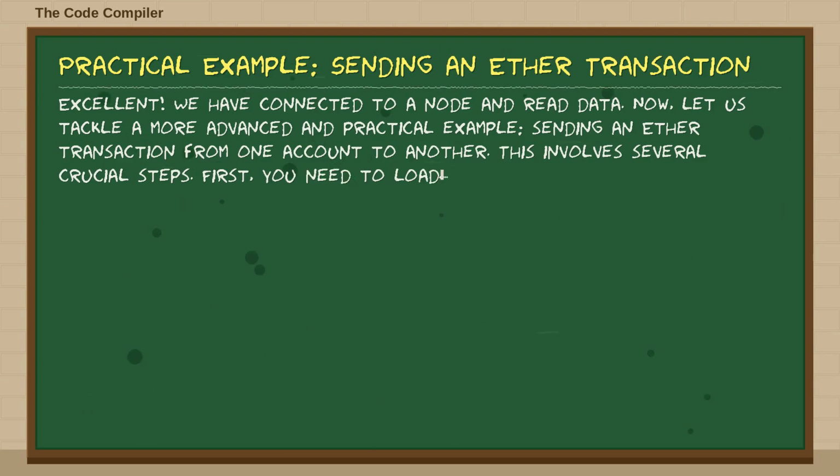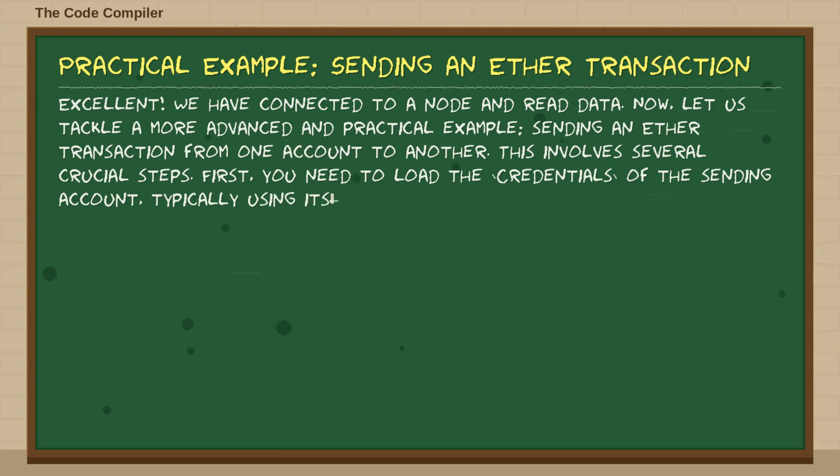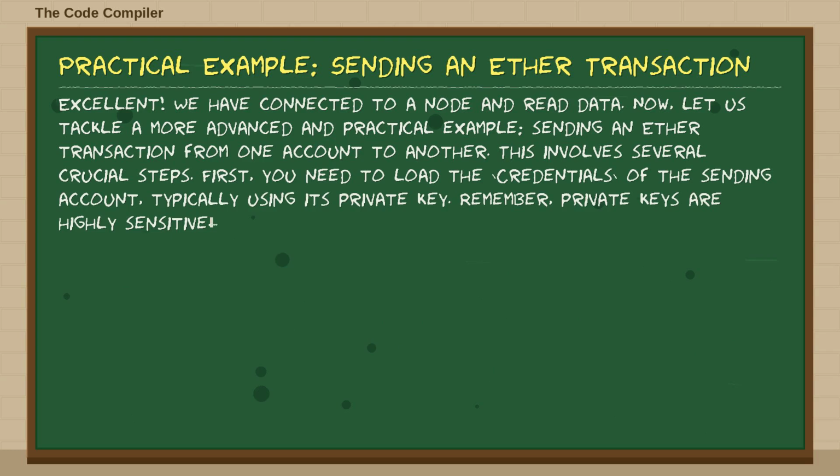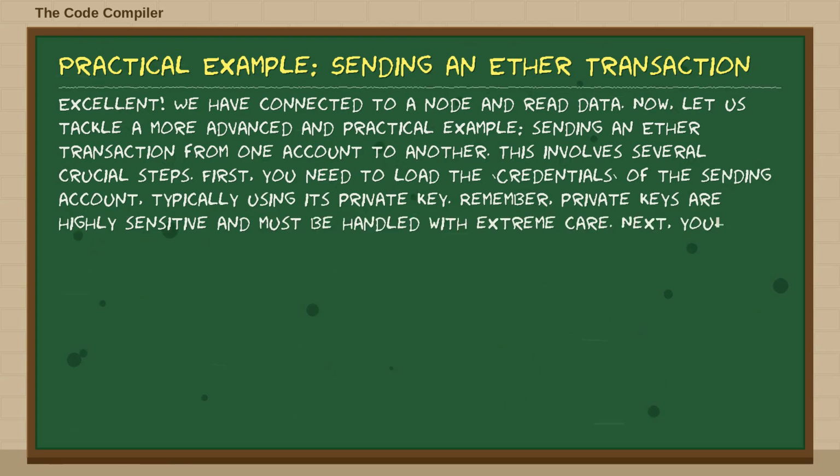First, you need to load the credentials of the sending account, typically using its private key. Remember, private keys are highly sensitive and must be handled with extreme care. Next, you construct a raw transaction object, specifying the recipient, the amount of Ether in WEI, and gas parameters.